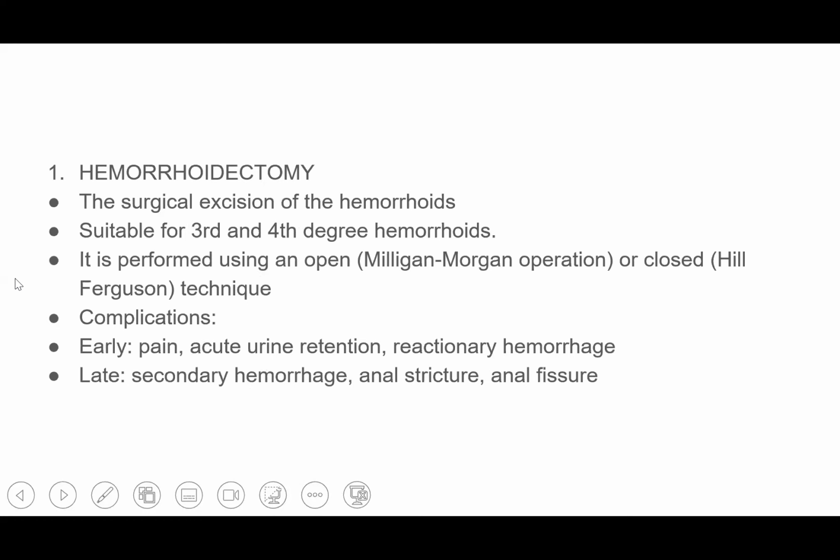hemorrhoidectomy include early or late complications. Early complications: patients present with pain, acute urine retention, for which we need to catheterize patients, and reactionary hemorrhage. The late complications include secondary hemorrhage 7-14 days after the procedure, anal stricture, and anal fissure.